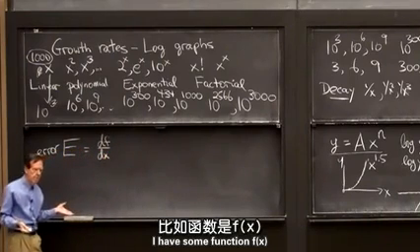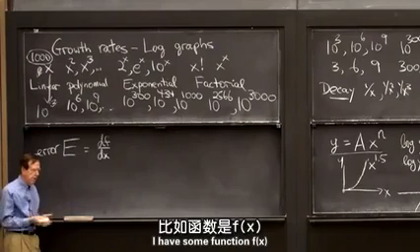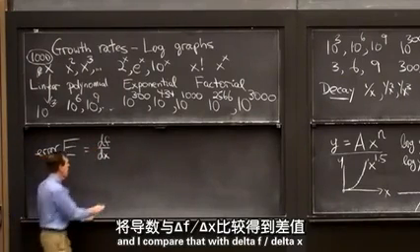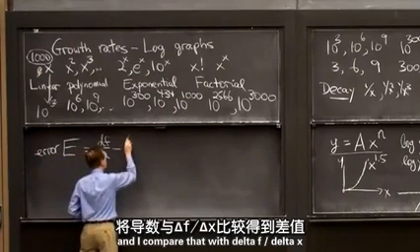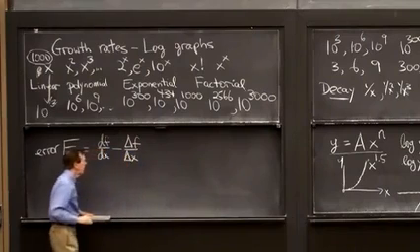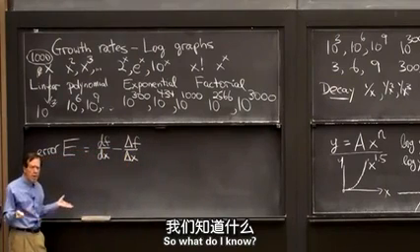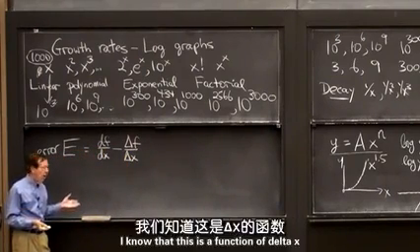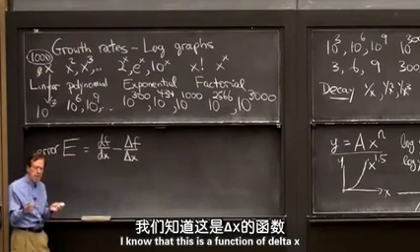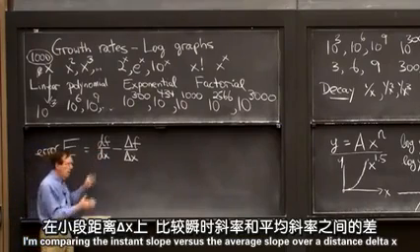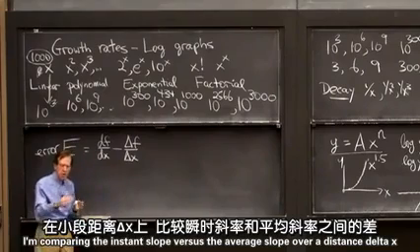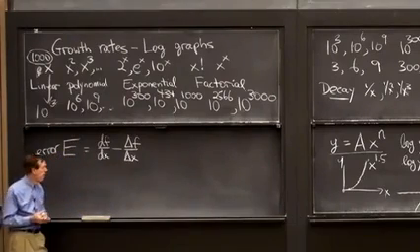I have some function, f of x, and there's its derivative, and I compare that with delta f over delta x. So what do I know? I know that as this is a function of delta x, I'm comparing the instant slope versus the average slope over a distance delta x.